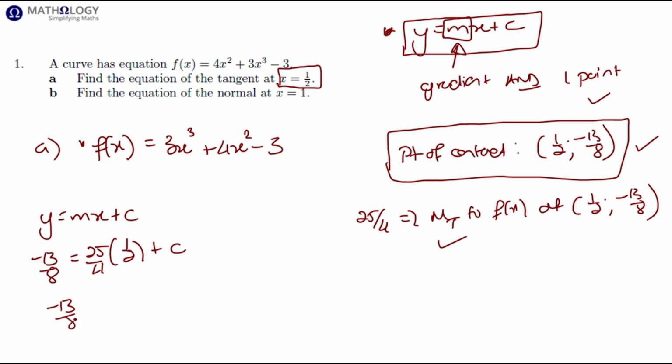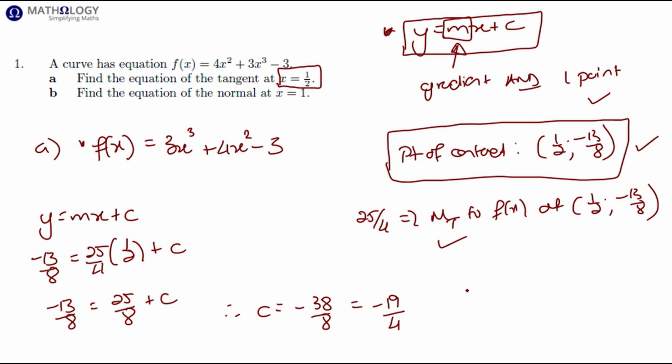So minus 13 over 8 equals 25 over 8 plus c. So c will be minus 38 over 8, which simplified is minus 19 over 4.